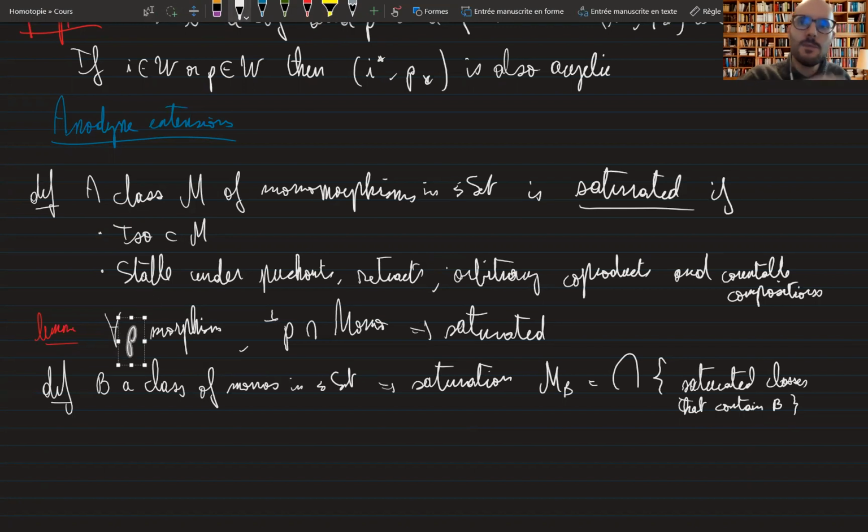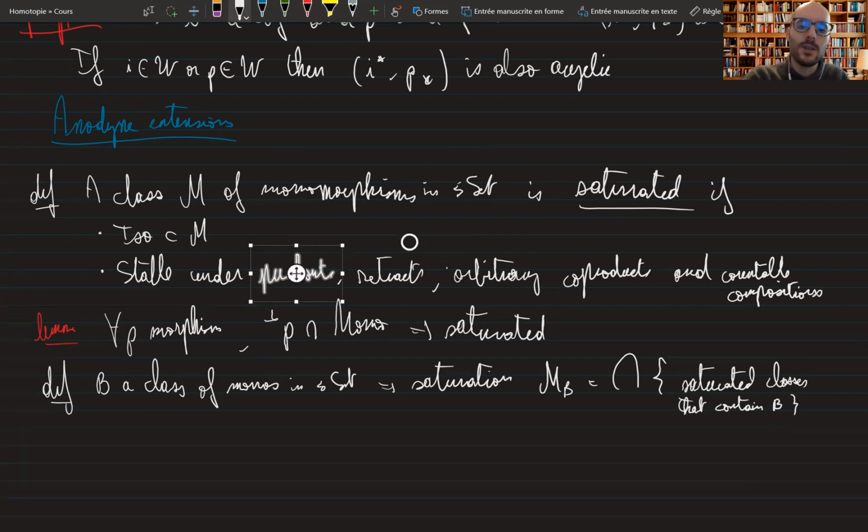Okay, so the question is, what does the lemma state exactly? I'm saying that if you take any morphism P, you take the set of maps which have the left lifting property with respect to P, and you intersect with monomorphisms, because I only define it for monomorphisms, then this is a saturated class in this sense.